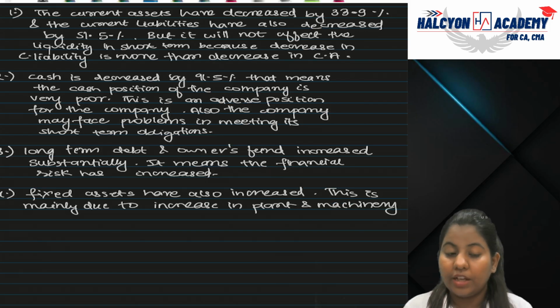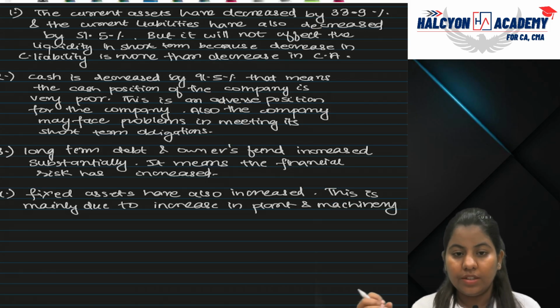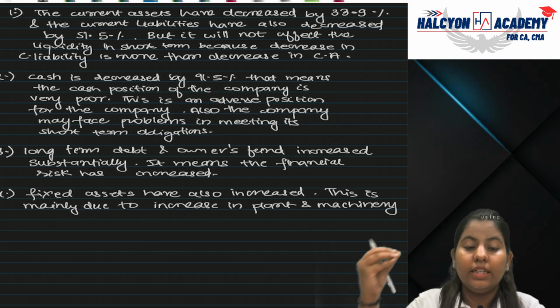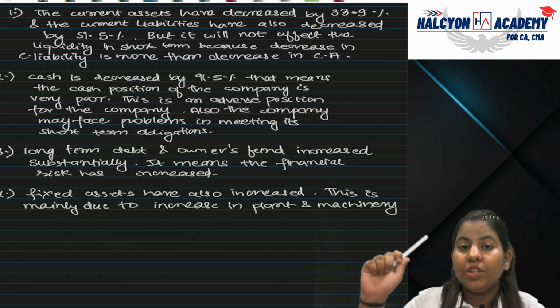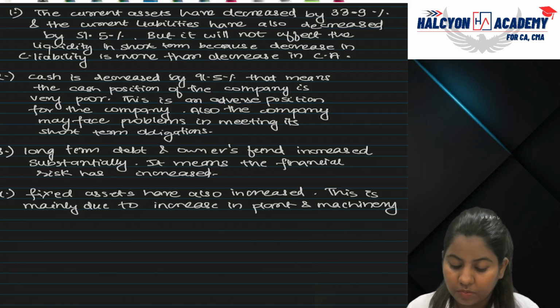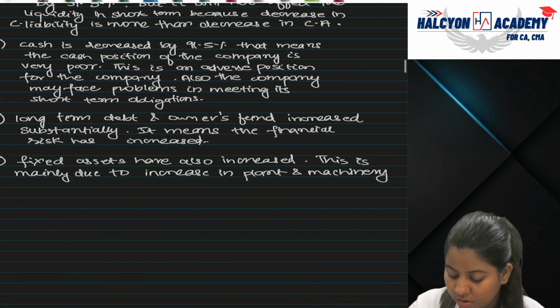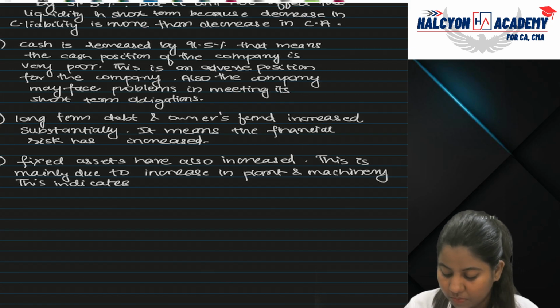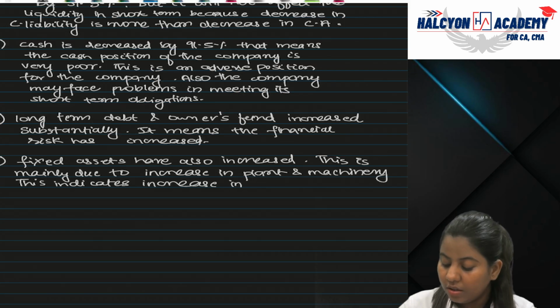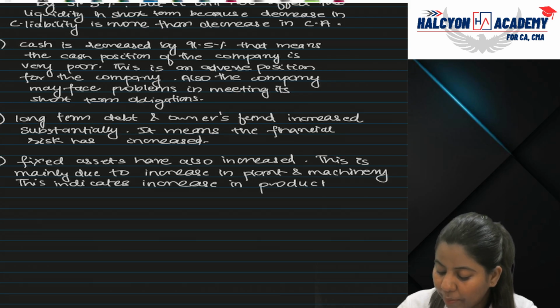There is a substantial increase in what? In plant and machinery. Furniture is also increased, but there is substantial change in plant and machinery. This indicates increase in production capacity.